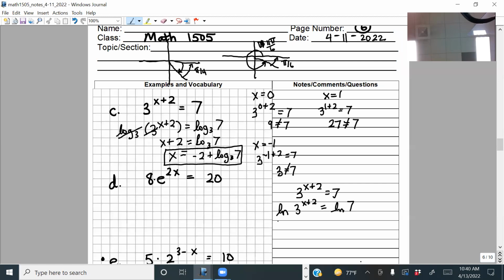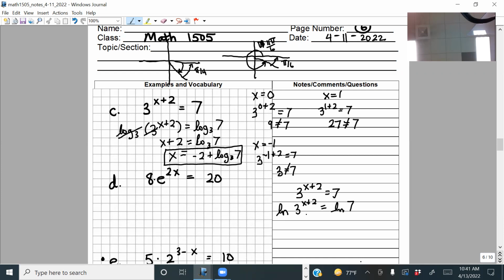Now, look, Amanda, these things do not cancel each other because these are not inverses, all right? So sadly, I cannot cancel these things out and just write down on the left-hand side x plus 2 because this is log base e and this is exponent base 3, right?